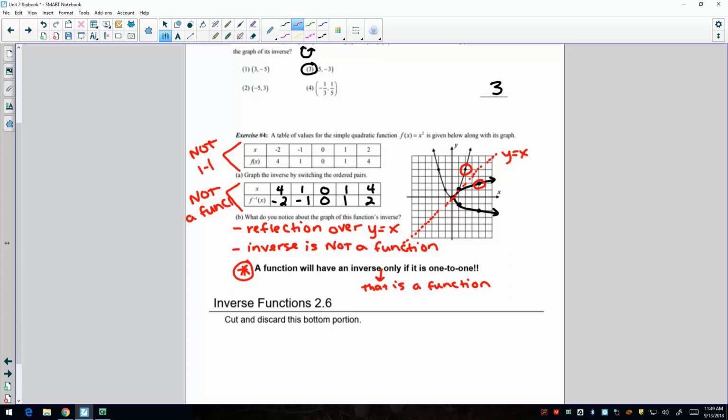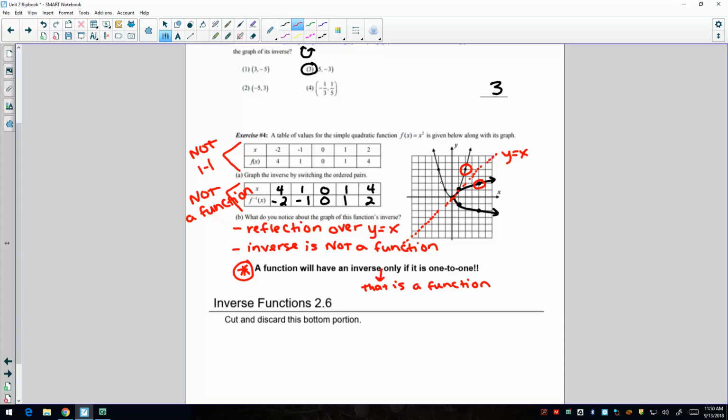So it will still have an inverse, but its inverse won't be a function. That's what this last sentence was supposed to say. So if your original graph is not 1 to 1, then its inverse won't be a function. Now, if your original graph is 1 to 1, then its inverse will be a function.